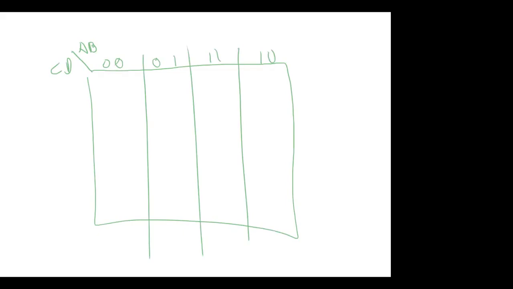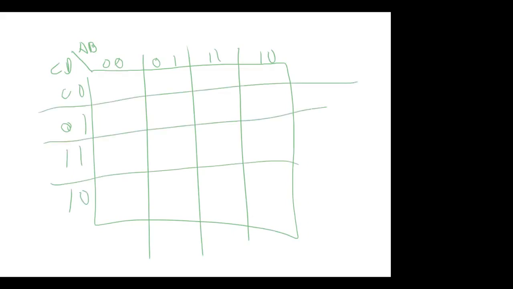Question 17 says, given the following K-map. So we're starting with a K-map this time. It says here that I got some ones which are in red, so I'm going to keep them in red in my K-map.